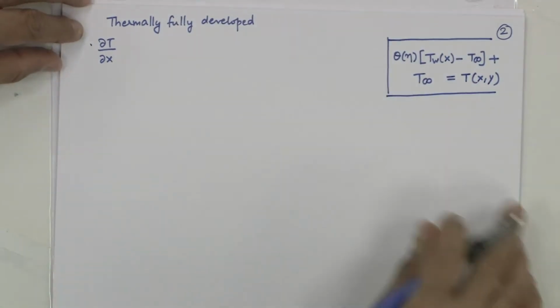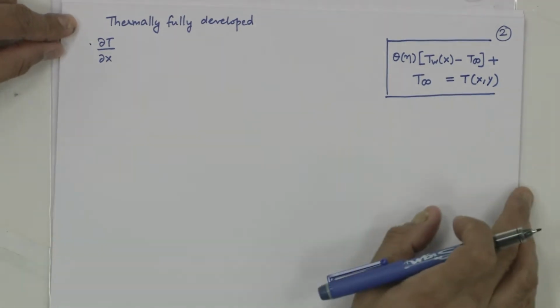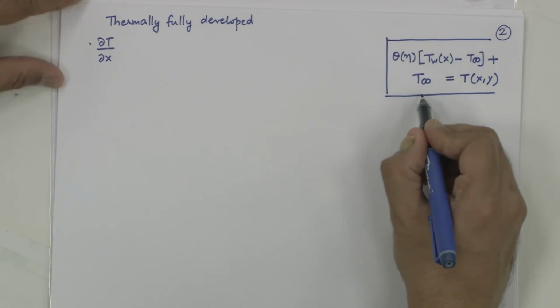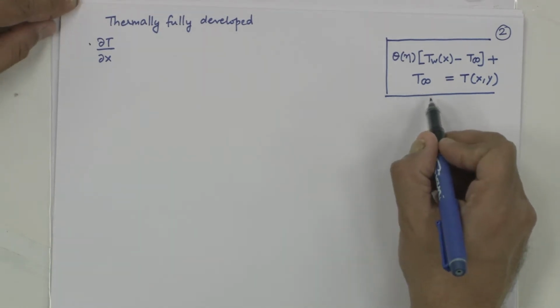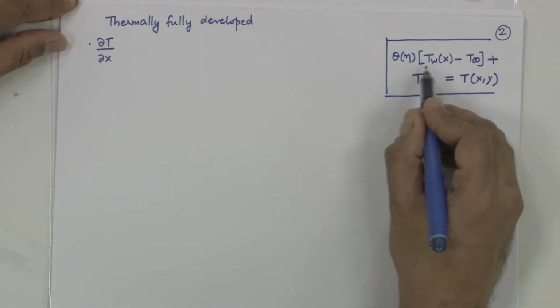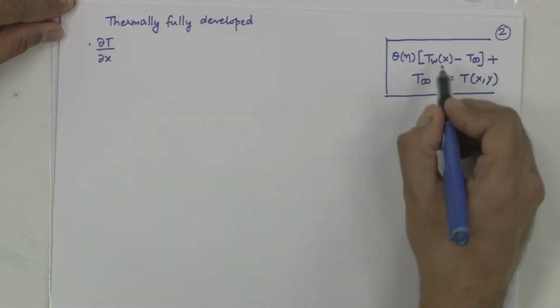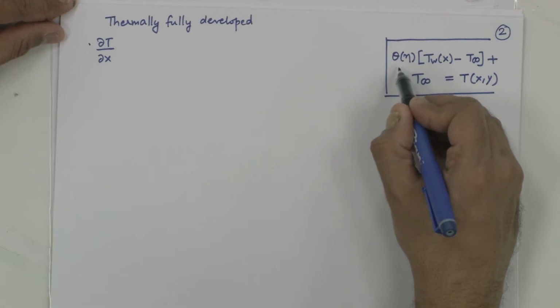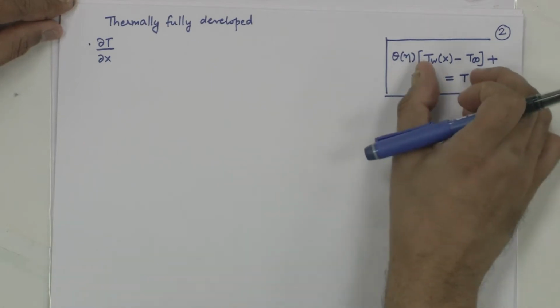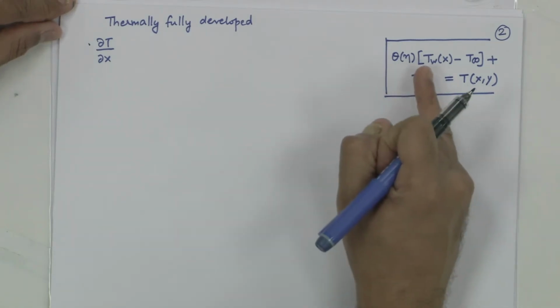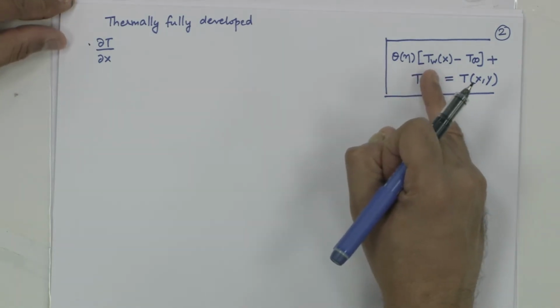Now, dT by dx means I am going to differentiate this with respect to x. When I differentiate this, T infinity is a constant, so T infinity with respect to x will be gone. We have a product rule here, theta and Tw. So, this will be d by dx of theta times this bracket, which is just going to come out, and then theta would come out and d by dx of this bracket.